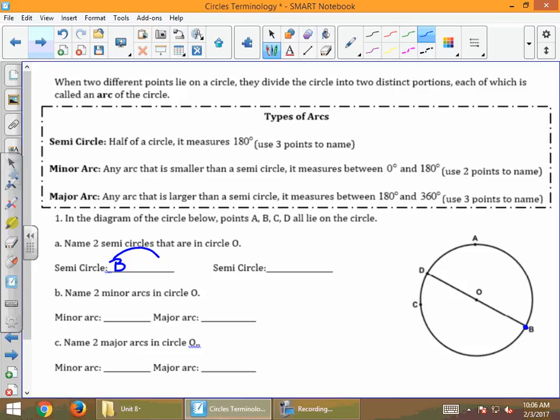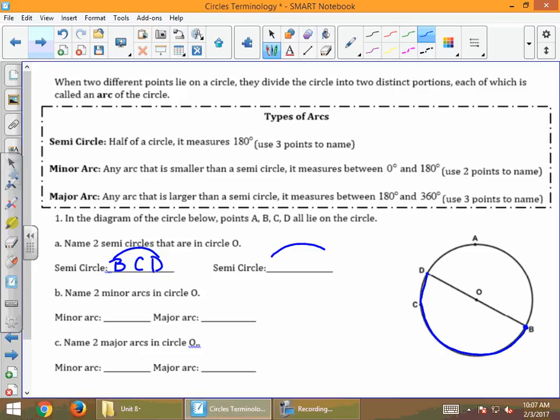On the edge. C. What's the other endpoint of the diameter? D. We just named a semicircle. From B, you name a point in between, which is C, and then you name the other endpoint of the diameter. Done. Okay?